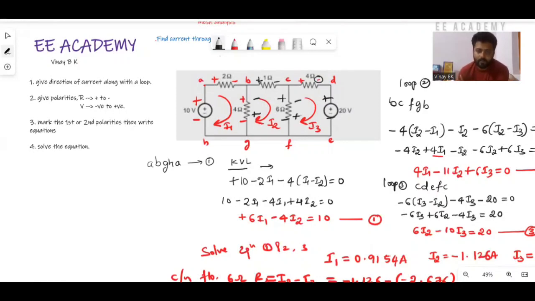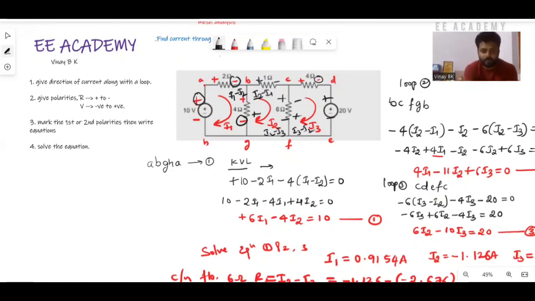Then, based on the loop direction, mark the second polarities and write the expressions. At B to E, with respect to loop 1, I1 minus I2 is flowing. With respect to loop 2, I2 minus I1 is flowing. And from C to F, with respect to the second loop, I2 minus I3 is flowing. With respect to the third loop, I3 minus I2 is flowing.